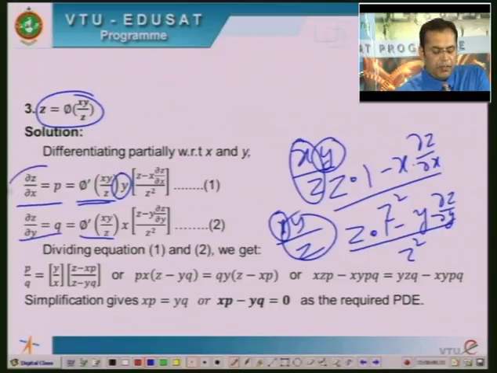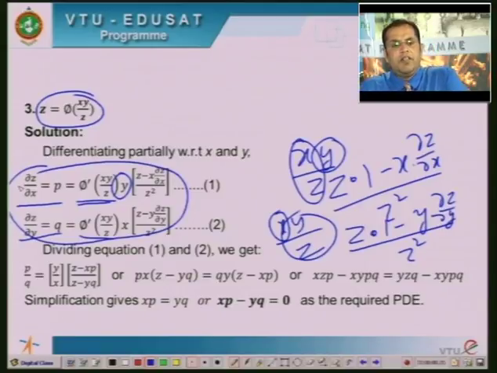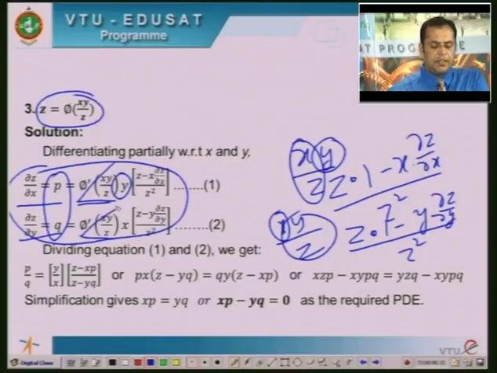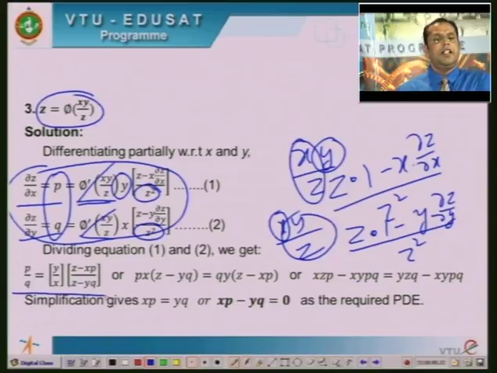So, as we did in the previous two examples, just divide these two expressions for the required PDE. Dividing equations 1 and 2, on the left hand side you have p and q. So, p by q, on the right side the phi dash term cancels, these two are separate terms, you get y by x into this expression. When you divide these two expressions, the denominator z square term cancels, leaving you z minus xp in the numerator and z minus yq in the denominator. That is written here.